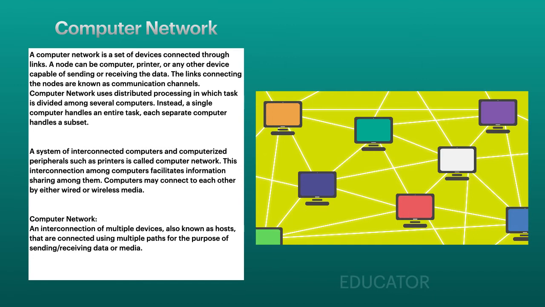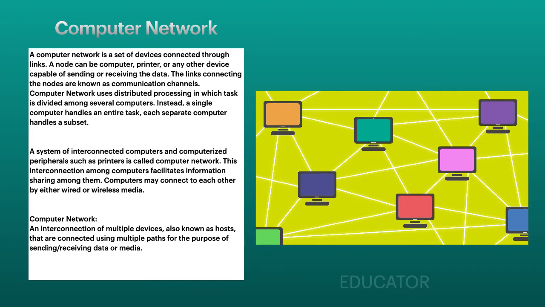The third definition: a computer network is an interconnection of multiple devices, also known as hosts, connected using multiple paths for the purpose of sending and receiving data or media. Media means your MP3 files, your data, your text files, your videos.